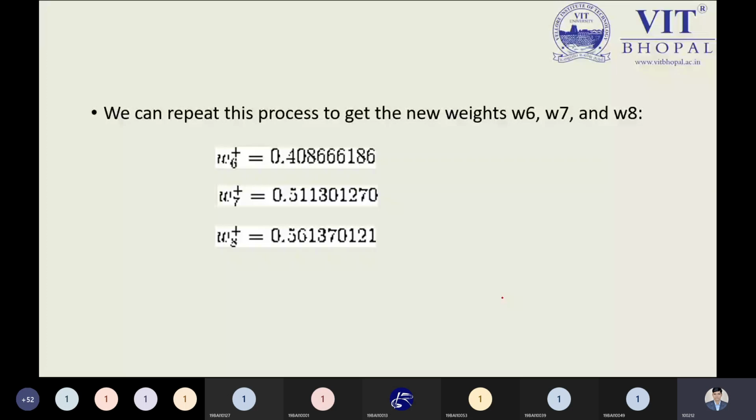So we are updating the weights, and you can do this activity at home to update W7 and W8. So the concept is clear, how we can apply backpropagation and how we can reduce the weight.